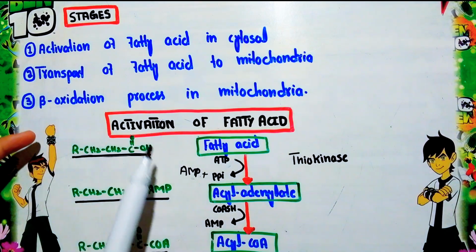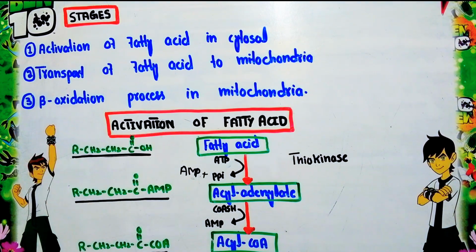You can see here the structural representation of these reactions. This is the generalized structure of a fatty acid. When the breakdown of ATP occurs, it forms pyrophosphate along with AMP. Now this AMP, adenosine monophosphate, attaches at the hydroxyl group.